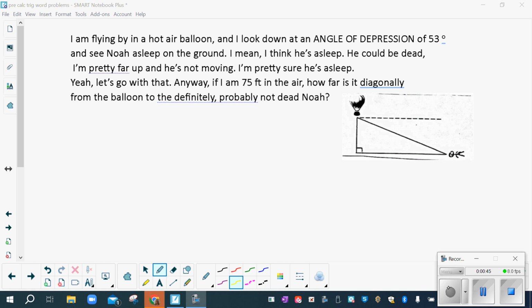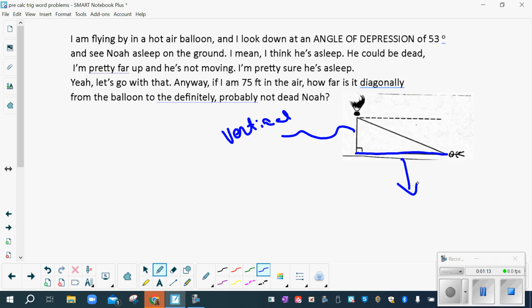So let's do some vocab real quick. Let's make sure we got some words that we know. Anytime they say things like the vertical distance, that is always going to be this up and down line, right? If the problem asks for the horizontal distance, like the distance from Noah to the balloon, it's this one.